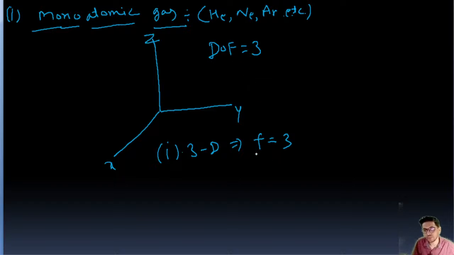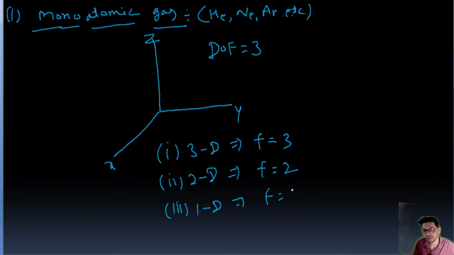In 2D, the degree of freedom is 2, so we need two coordinates to describe the motion of the particle. In 1D, the degree of freedom is 1. We write degree of freedom as F.